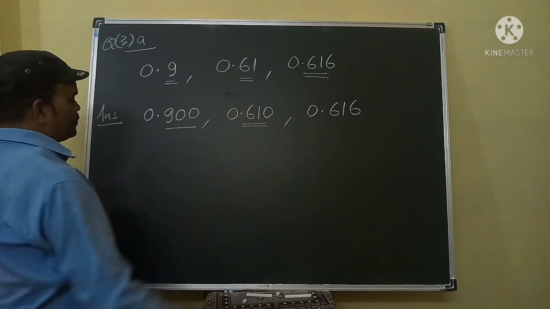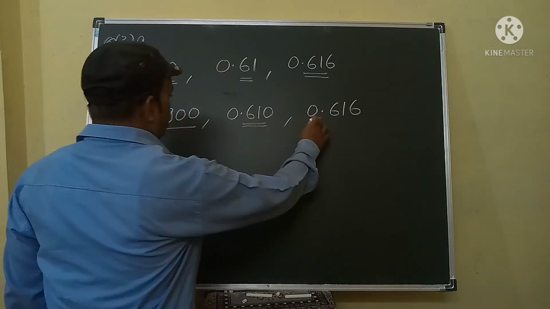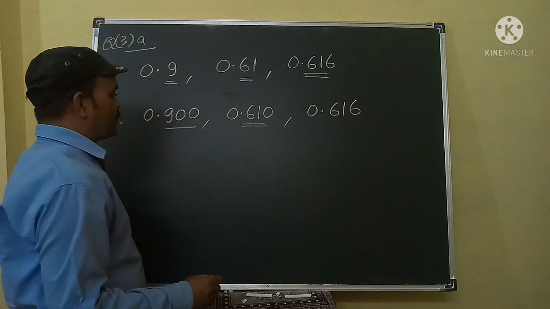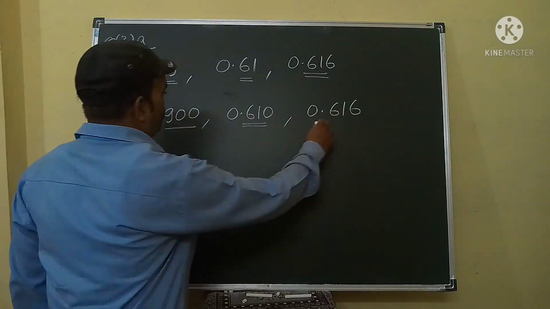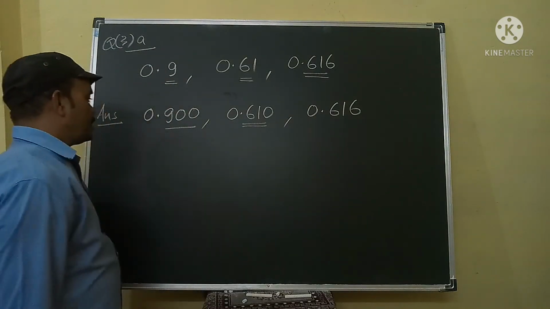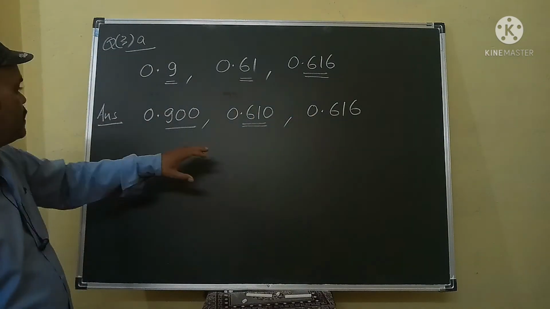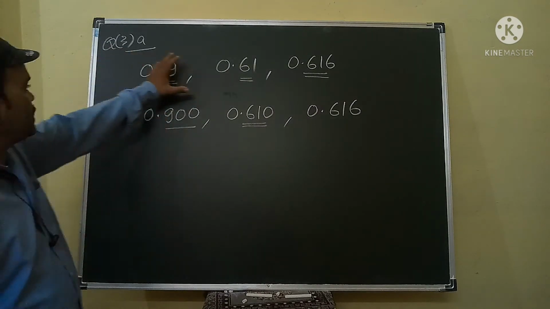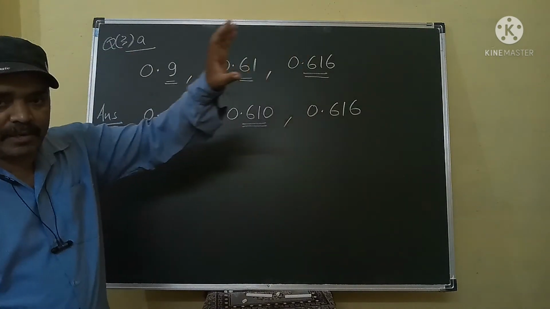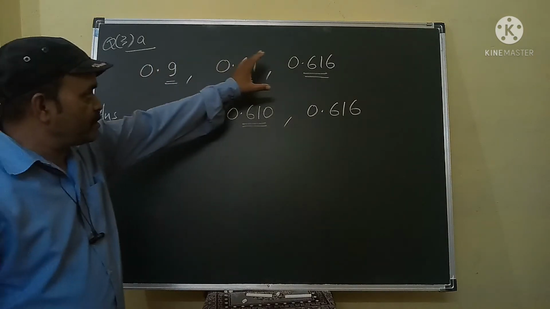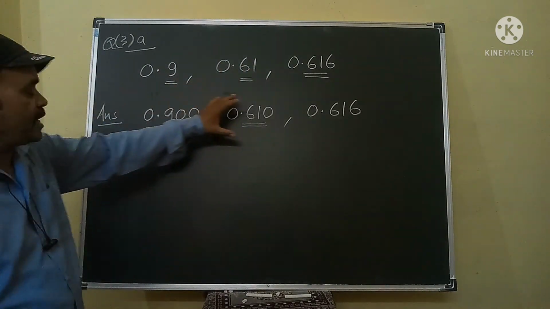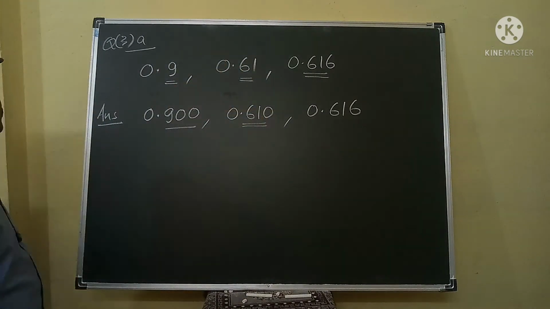In the third decimal number also, the number of digits is 3. That means this is the required answer. Your question is in unlike decimal form, and we converted the unlike decimals to like decimals.